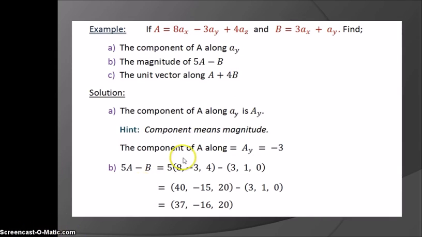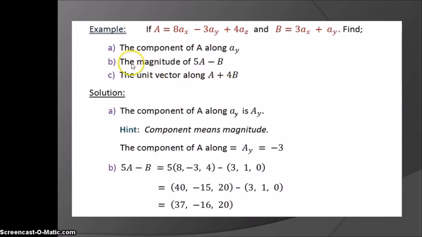So the component of A along ay is capital letter Ay. A way to look at this is seeing the components which we're asked to find as magnitudes. So the component of A, which is this whole vector, along ay is -3. See that? Which is a scalar number attached to this direction.